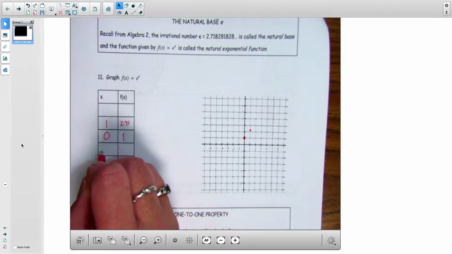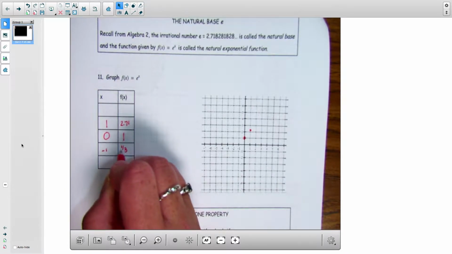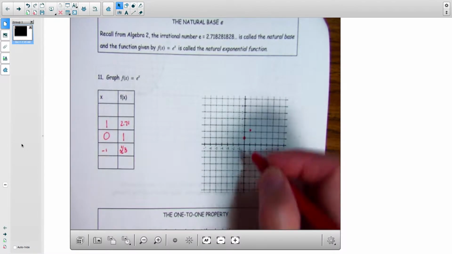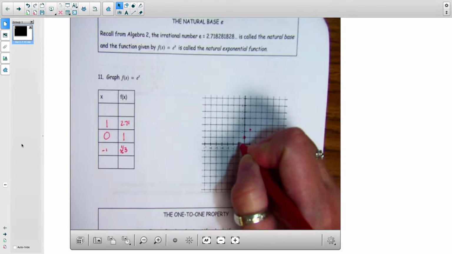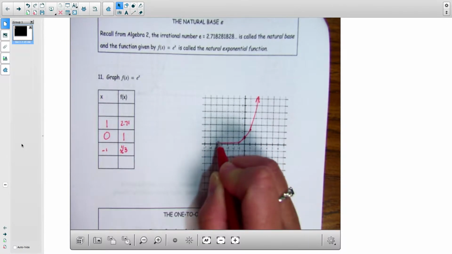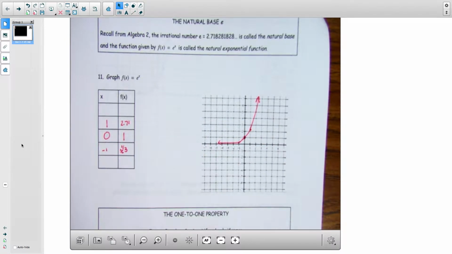And then negative 1 is going to be approximately 1/3. So it looks pretty close to that 2 to the x, 3 to the x. They all look pretty similar.